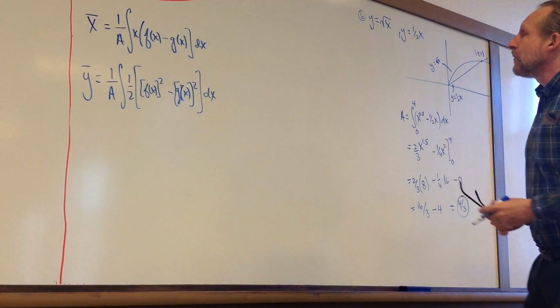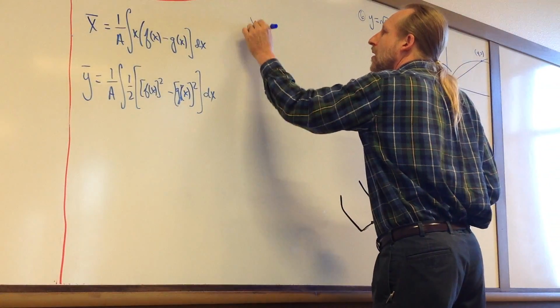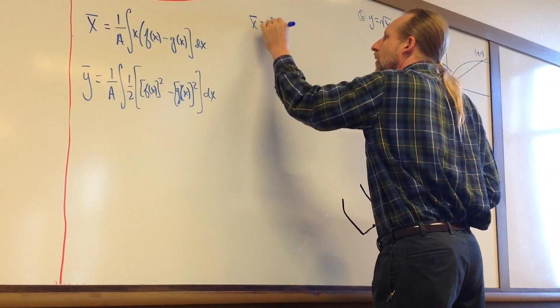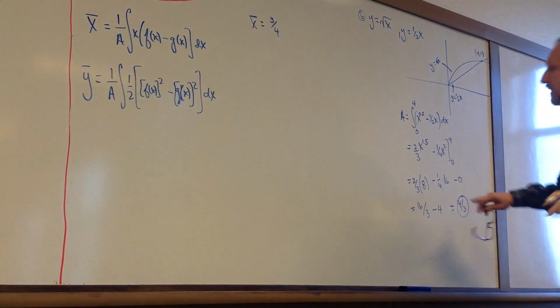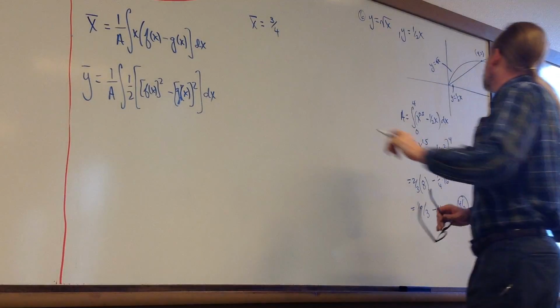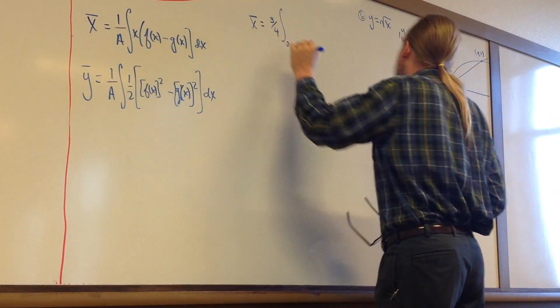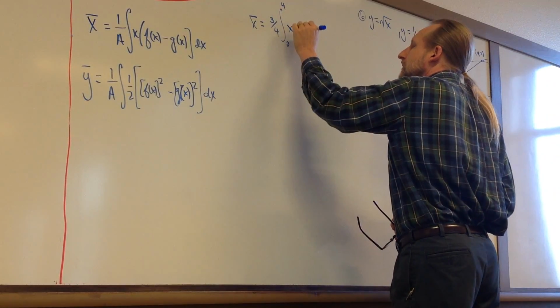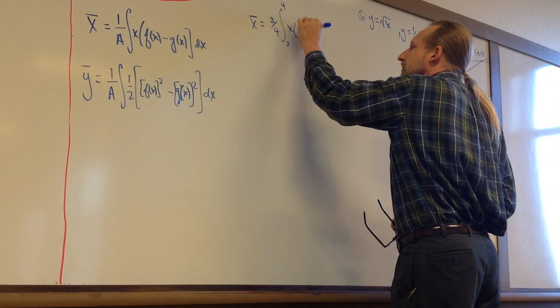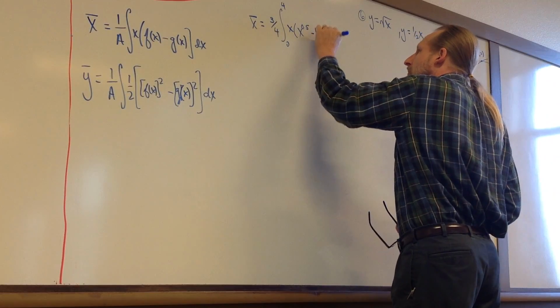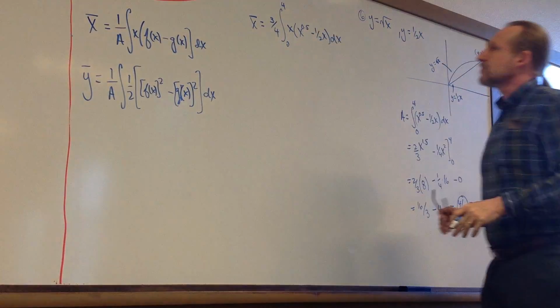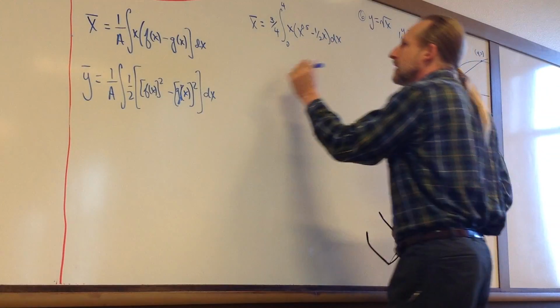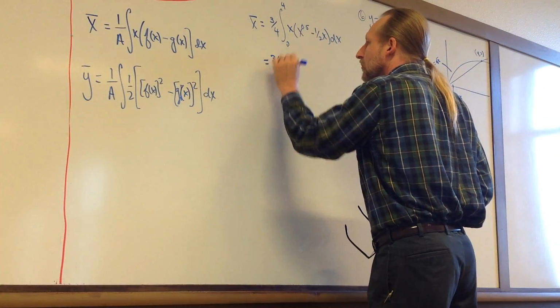So now, if we want to find x bar, that's going to be the reciprocal of the area, which in this case is 3/4. And then we want to integrate from 0 to 4, x times x to the 0.5 minus a half x. Okay, and now we've got to distribute inside there before we can do this integral.